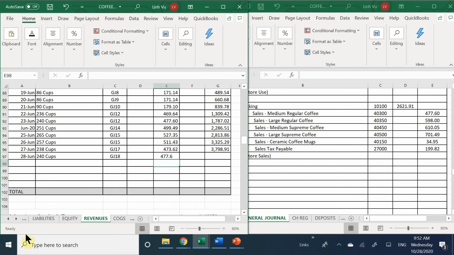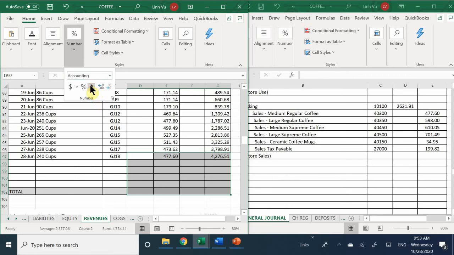Bringing the total amount to 4,276.51. I'm in the wrong place. Oh, no, I'm not. 4,276.51. Good. No, you're in the right spot. But you definitely got the numbers correct.